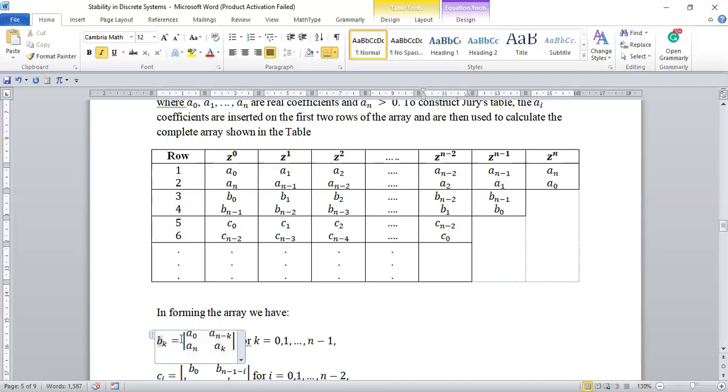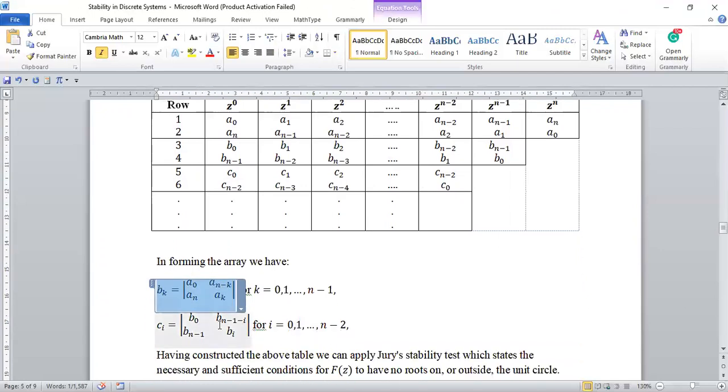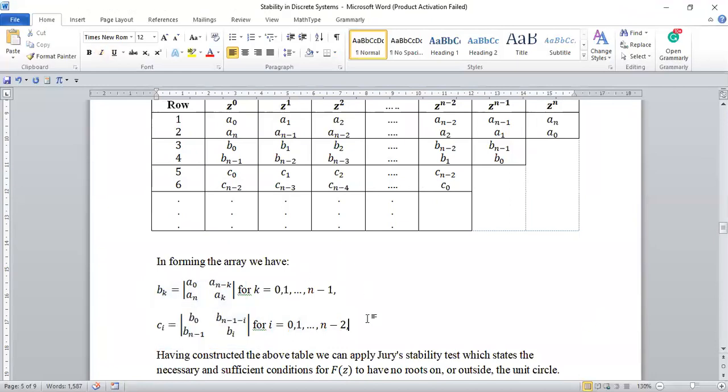Then this is the formula you use to get the b row, and this is the formula you use to get the c row. The b row is the magnitude or the determinant of this.